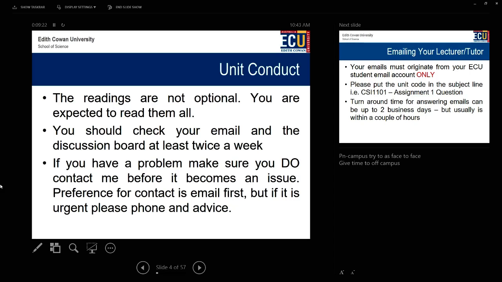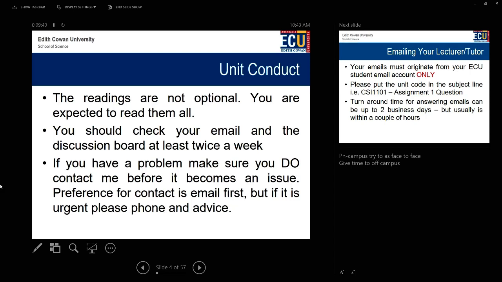If you have any problem, please make sure you do contact me before it becomes an issue. Try to come to me and talk to me directly if you're an on-campus student. If you're an off-campus student, please send me an email. And of course, you can send me an email if you're an on-campus student as well.